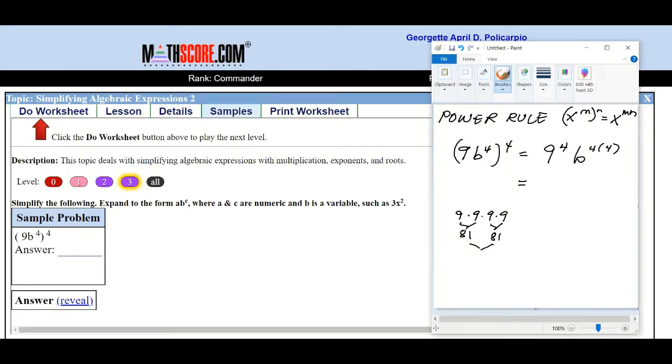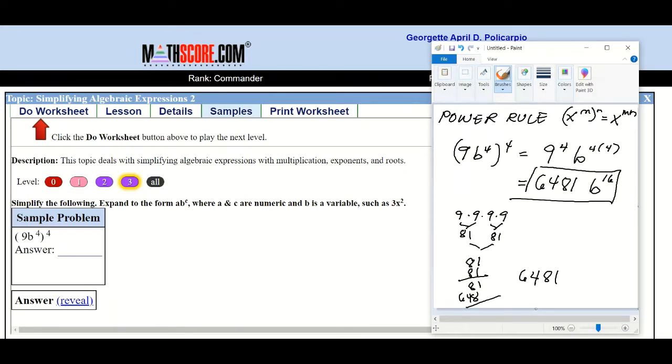Hindi, wag na nga tayo mag-calculator. Sama-sama tayo sa hirap at ginhawa. So, 81 times 81. 81 times 1 is 81. 8 times 8 ay 64. So, it's 6,481 siya. B to the 4 times 4 is 16 power.